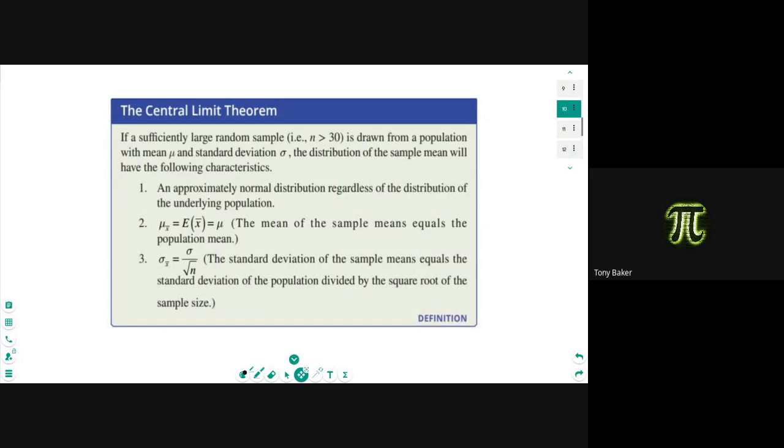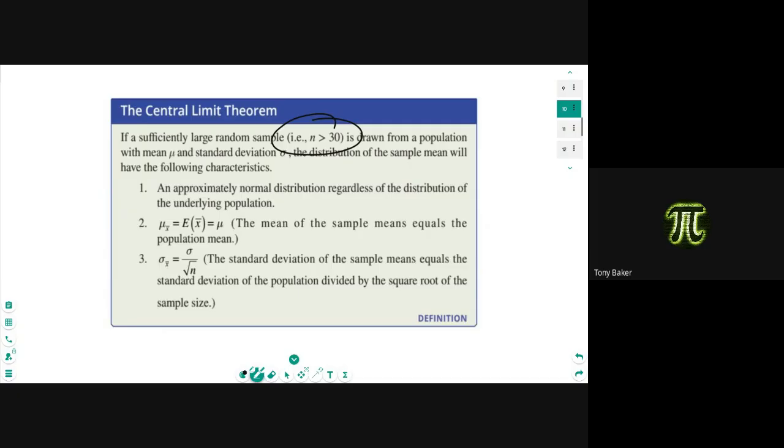All right, the central limit theorem. If a sufficiently large sample, and you've heard me say this number before, 30 people, is drawn from a population with a mean and standard deviation, the distribution of the sample mean will have the following characteristics.